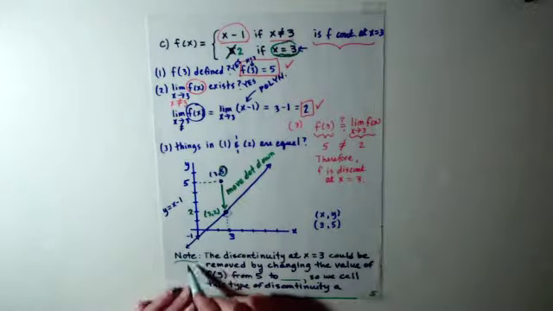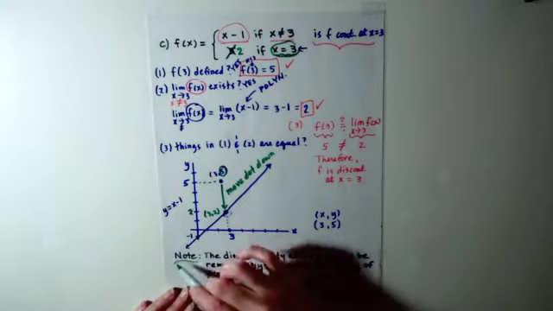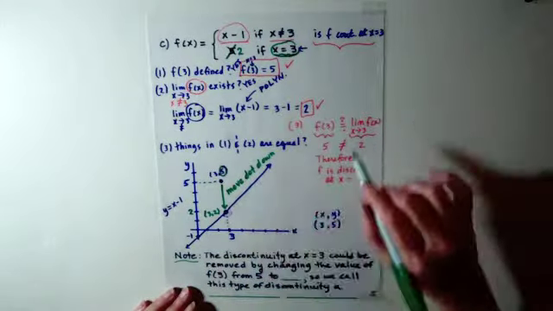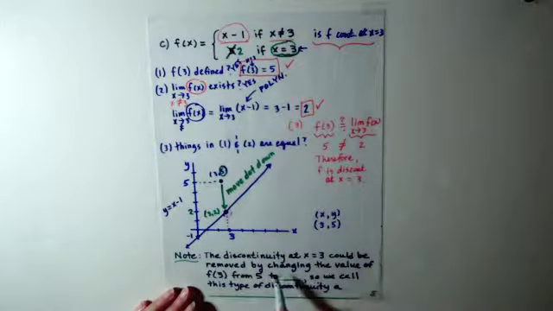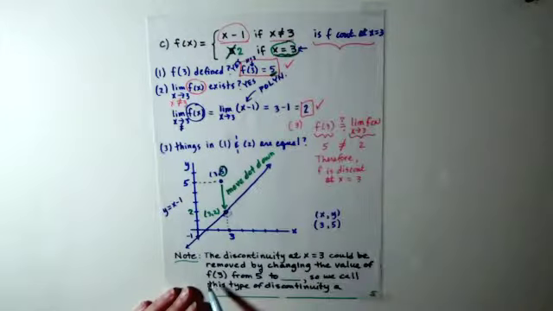So let's look at this little note that's at the bottom of the page. It says the discontinuity at x equal 3 could be removed. In other words, we could get a new function that's continuous at x equal 3 by changing the value of f of 3. Remember that value was an output of 5. So by changing the value of f of 3 from 5 to, and what did we say that the output needed to be?